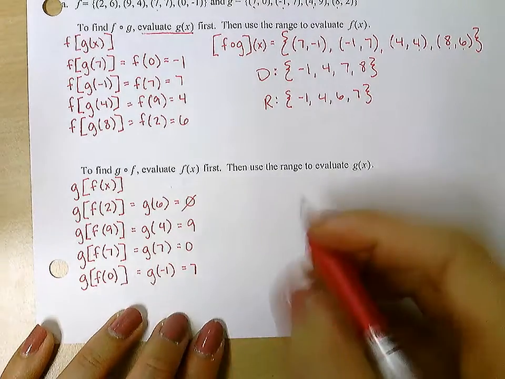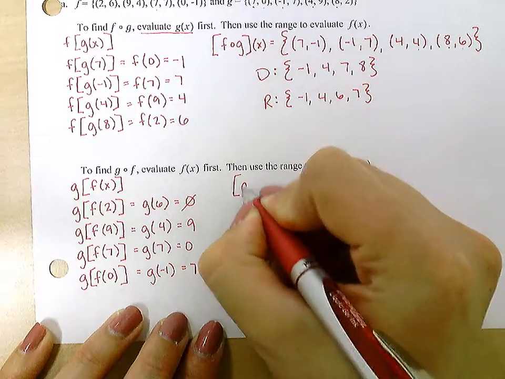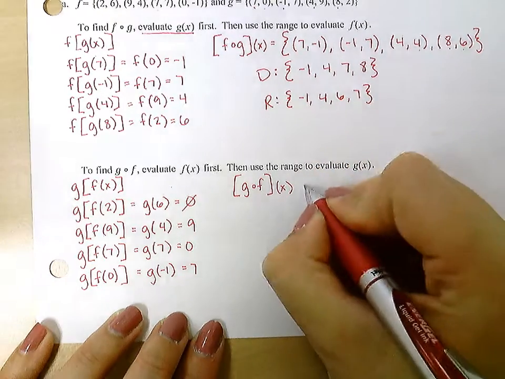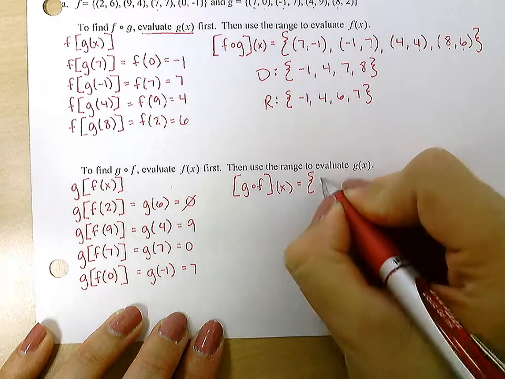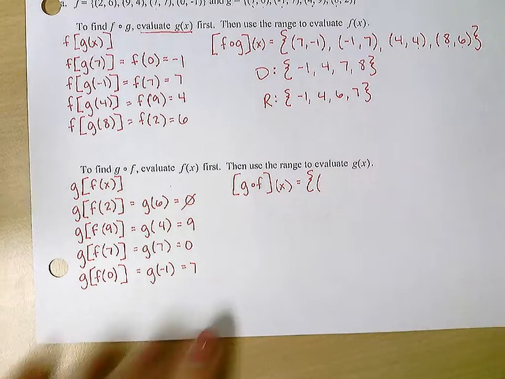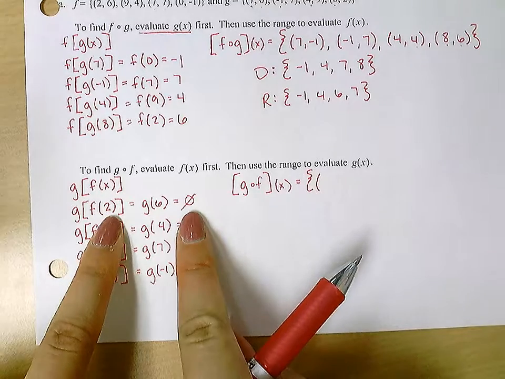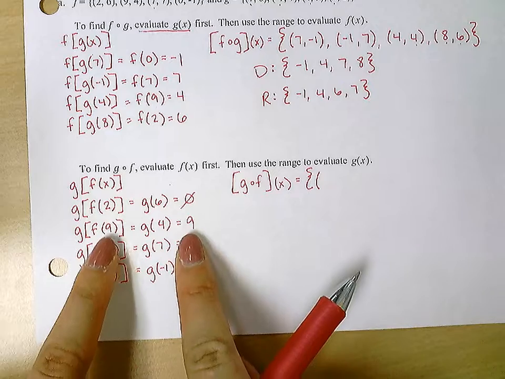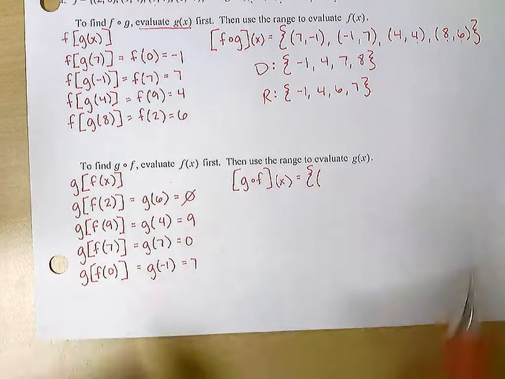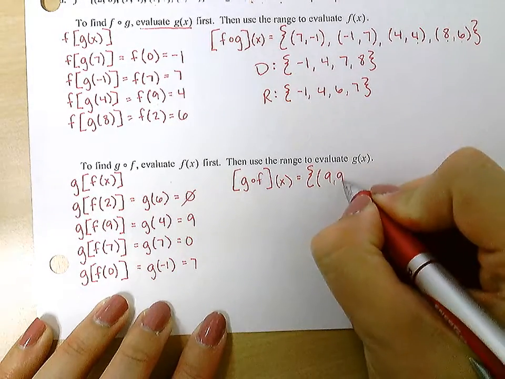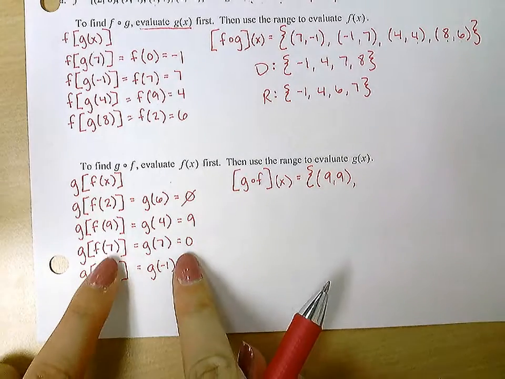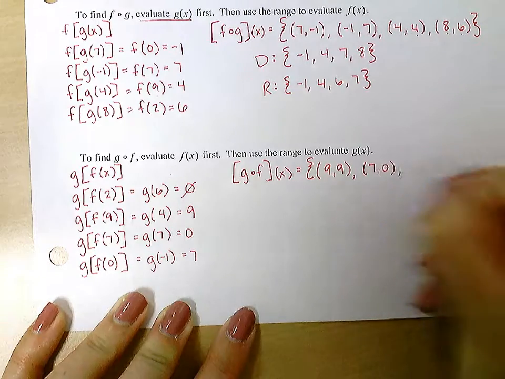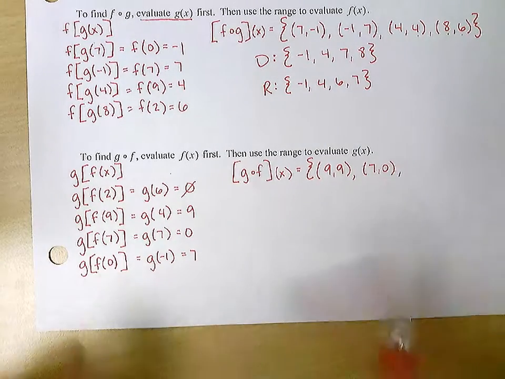So from here I want to write out my g of f of x function as coordinate points. This one I can't use. That one didn't work, so that's not a coordinate point. We can use this one. So I have (9, 9), (7, 0), and (0, 7).